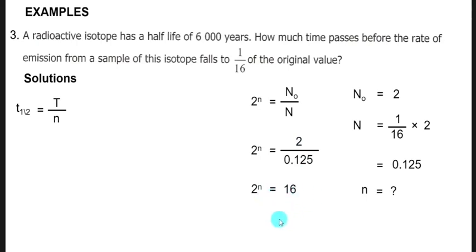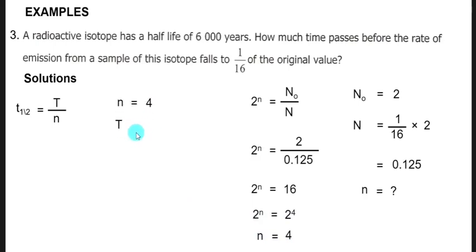Then we look for the power to which we can raise 2 to get 16, which is 4. So 2 to the power n is equal to 2 to the power 4. If the bases are equal, the powers are equal, so n is equal to 4.